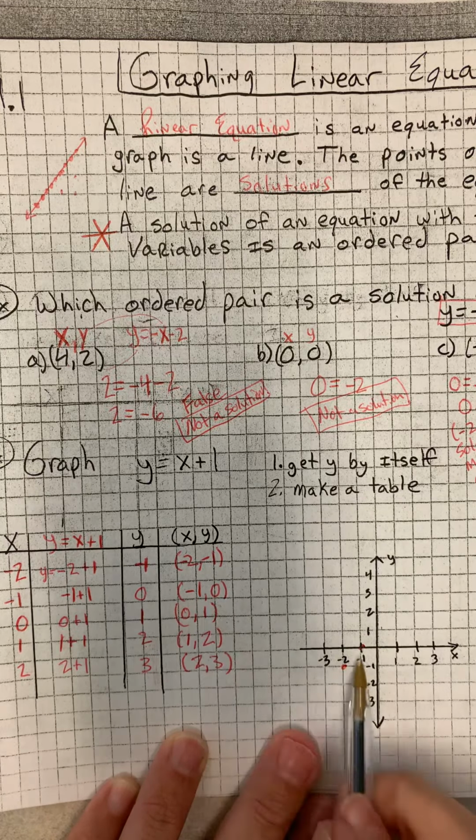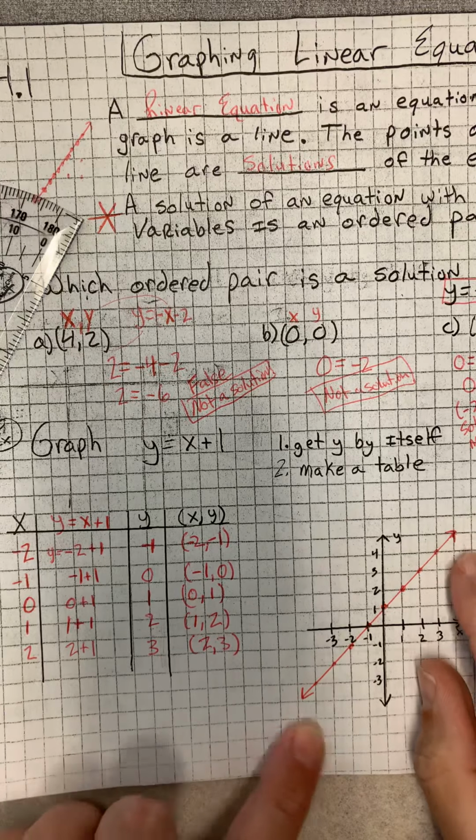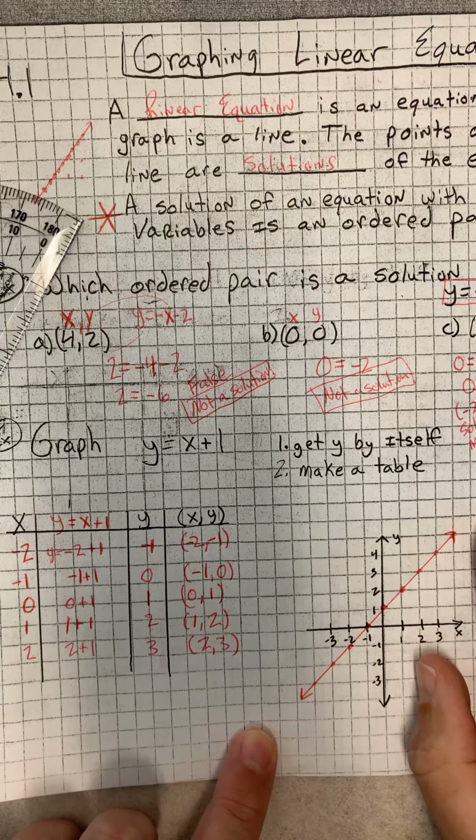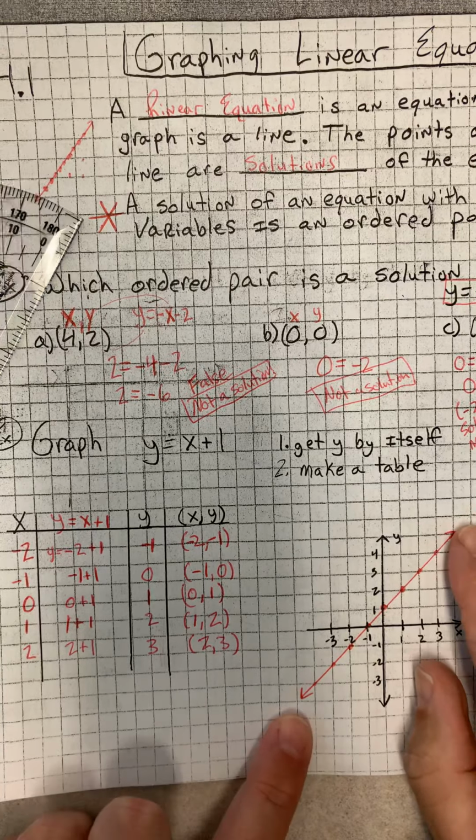I know because these are correct, it's going to have this slope, this constant rate of change. I will take my straight edge here, which I'm using a protractor today. I'm going to connect my dots. I am making a line here. So I am putting arrows on the end of my line to indicate that this line continues on in both directions to infinity. The line just doesn't stop, it keeps going.